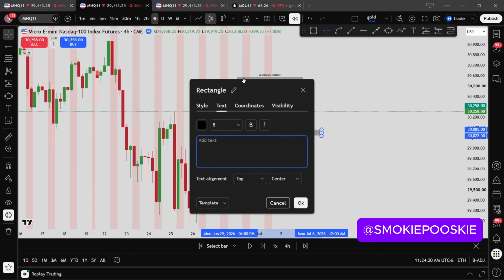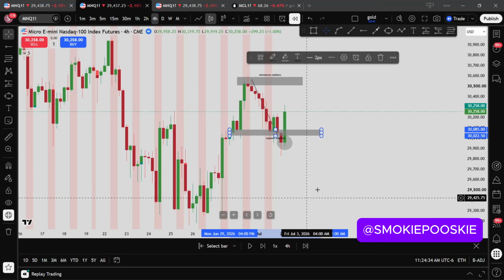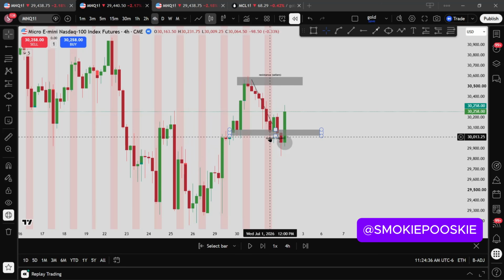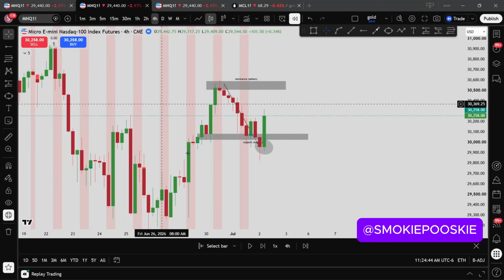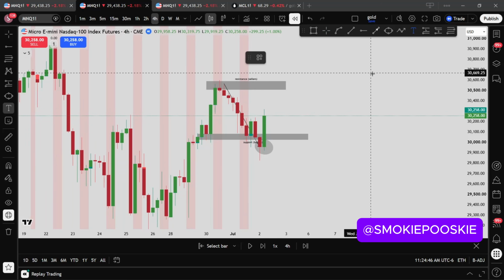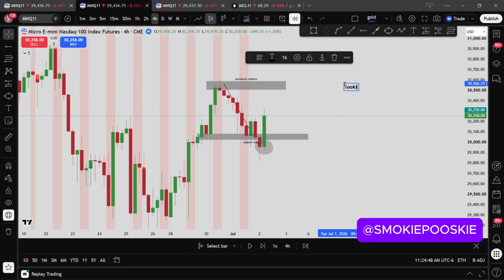These buyers right here didn't even show up, right? So we have buyers above here, a support that did not even hold. So these sellers broke through the support, and that's what giving me my bias on the 4-hour time frame that sellers are in control. So I'm looking for sells.